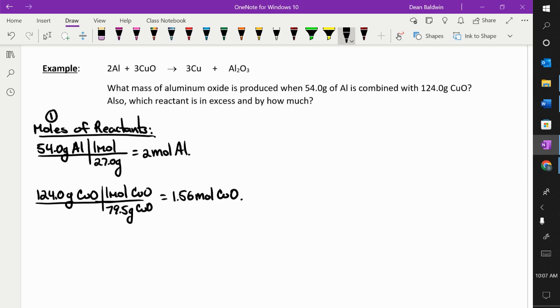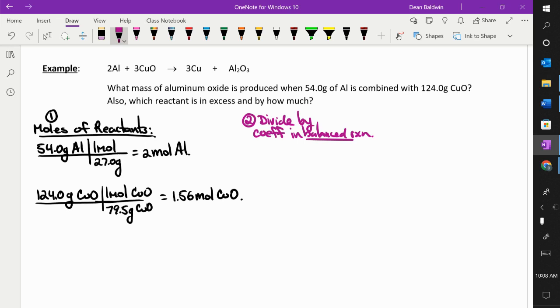Okay, so step 2. Divide by coefficient in balanced reaction. So what's the coefficient in front of the aluminum? 2.